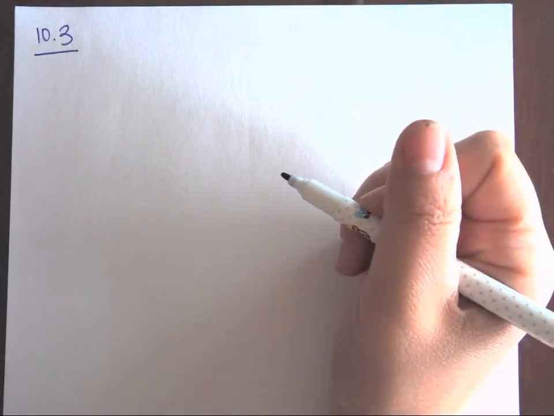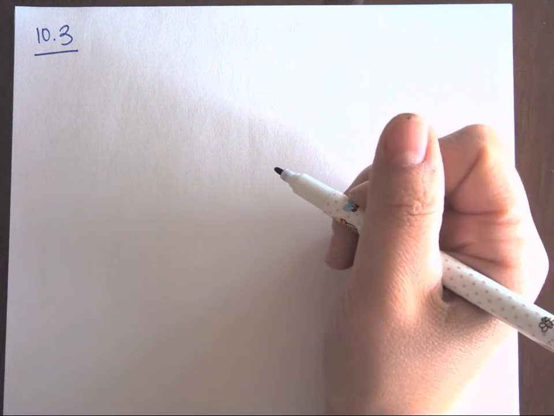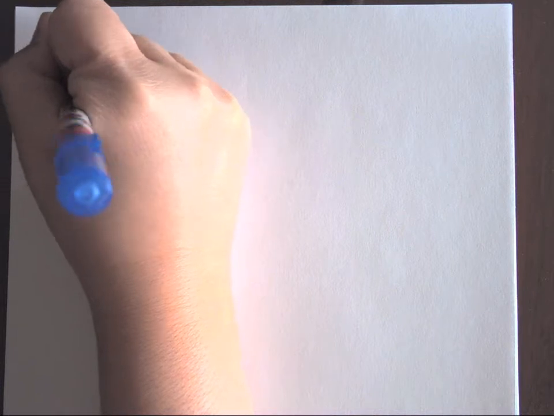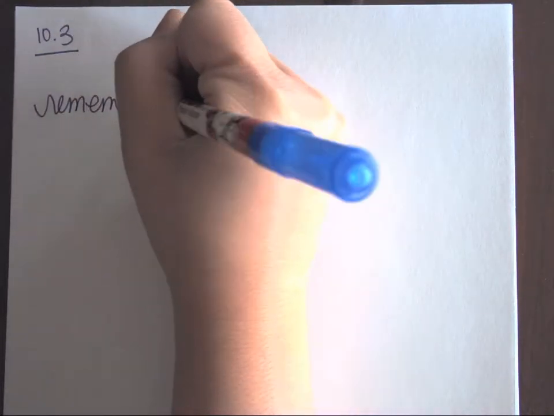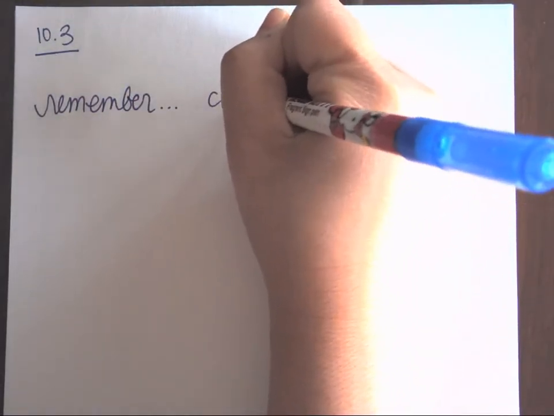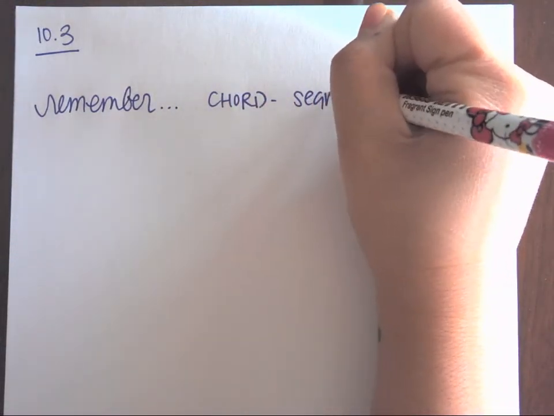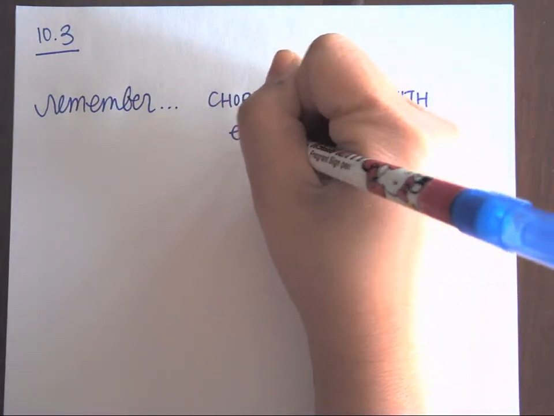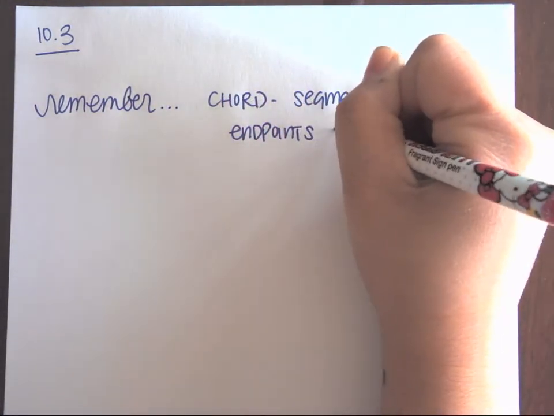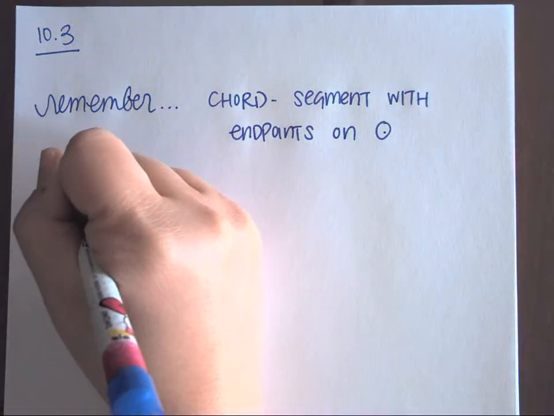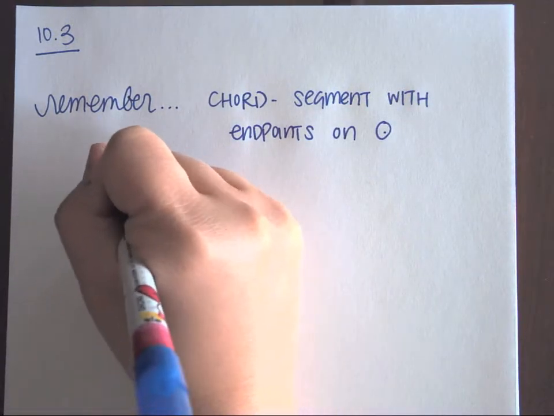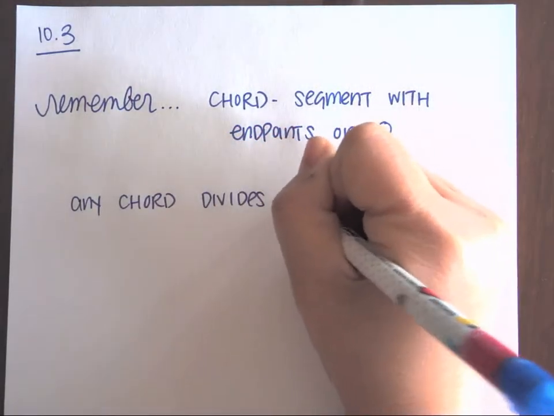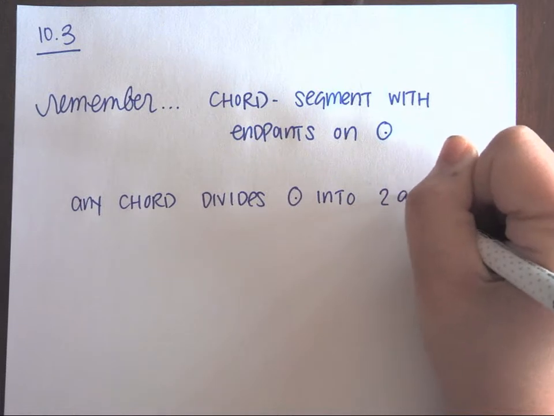10.3 is on chords and arcs and their relationships. Just to go over what a chord is, as a reminder, a chord is a segment with endpoints on the circle. So any chord divides a circle into two arcs.